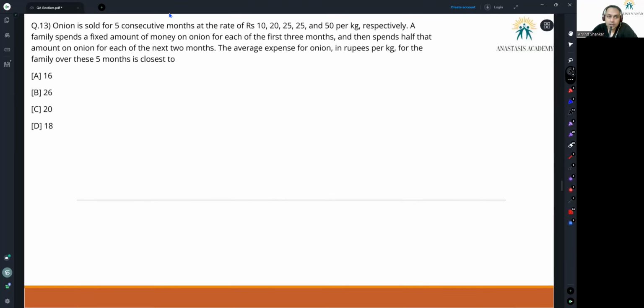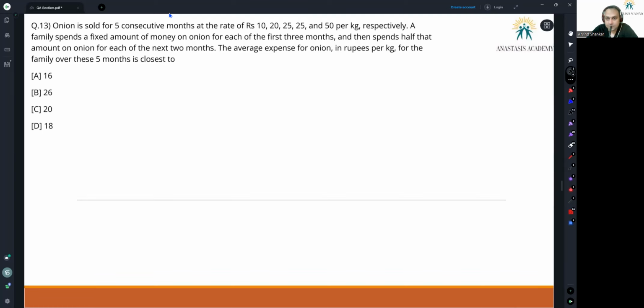Next question. Onion is sold for 5 consecutive months at the rate of 10, 20, 25, 25, 50 per kg respectively. A family spends a fixed amount of money on onion for each of the first 3 months and then spends half that amount on onion for each of the next 2 months.